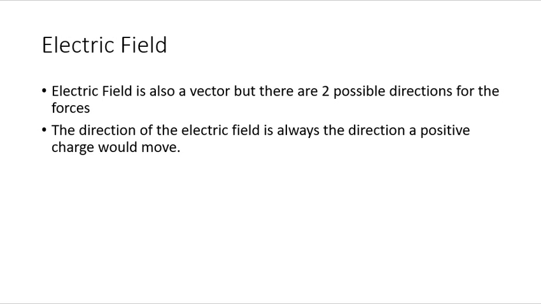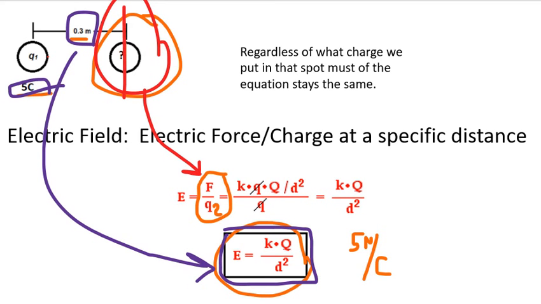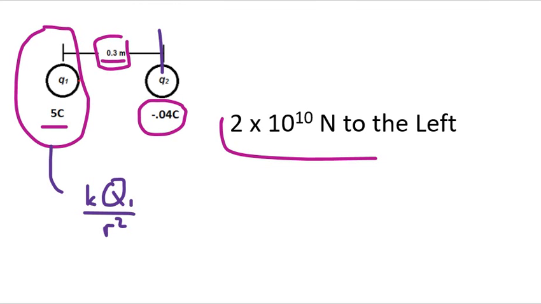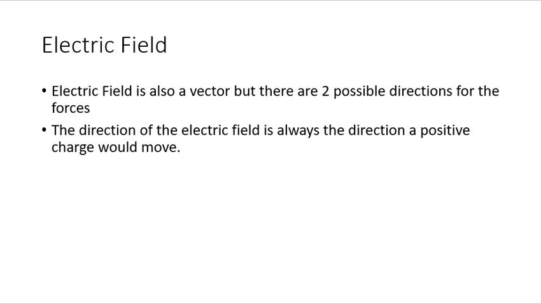So electric field, like electric force, is a vector. The problem is that some things are going to get pulled to the left, some things are going to get pushed to the right. So I'm dealing with an electric field, but there's two possible directions that charges can get pushed or pulled. But the electric field is completely independent of what I put there, right?